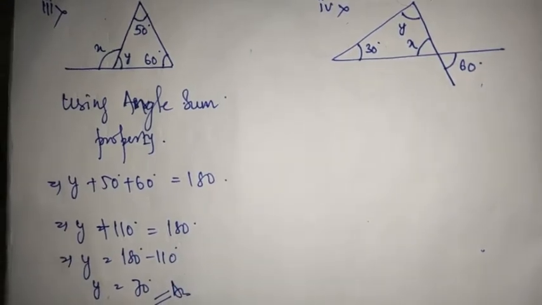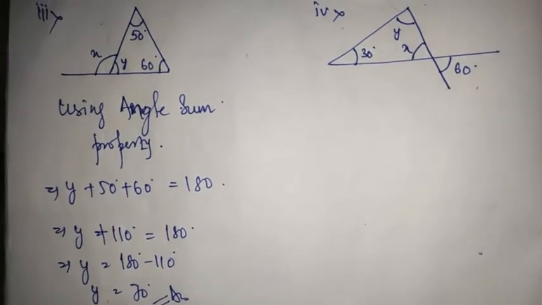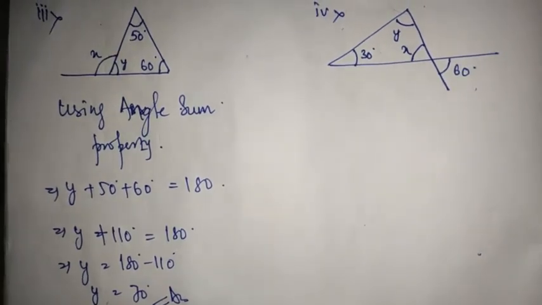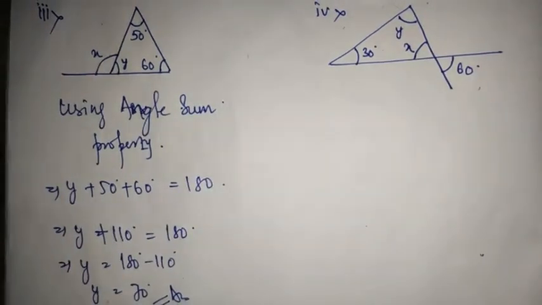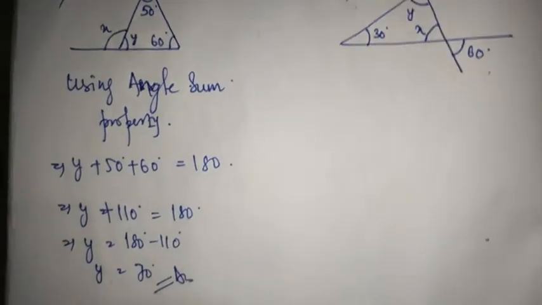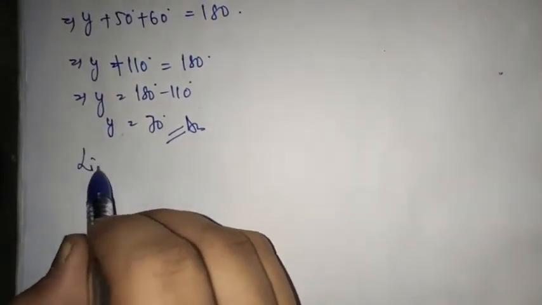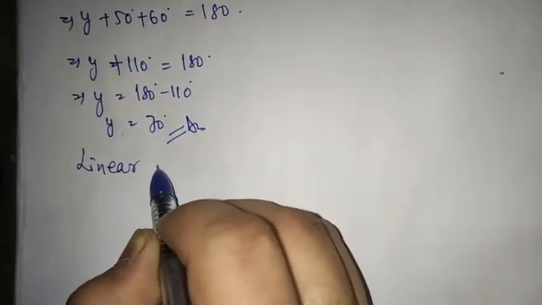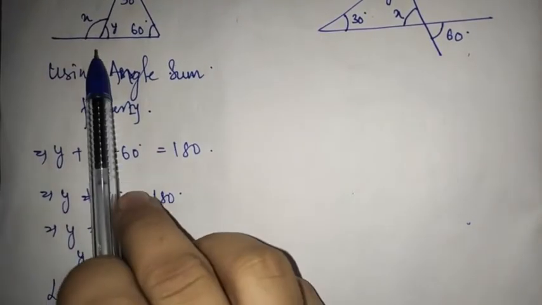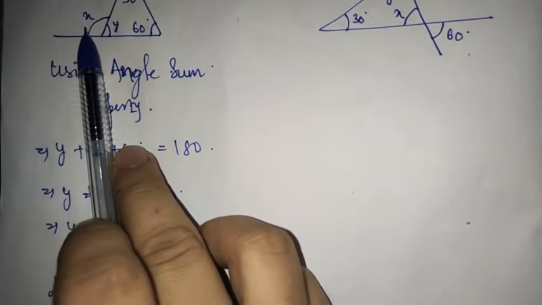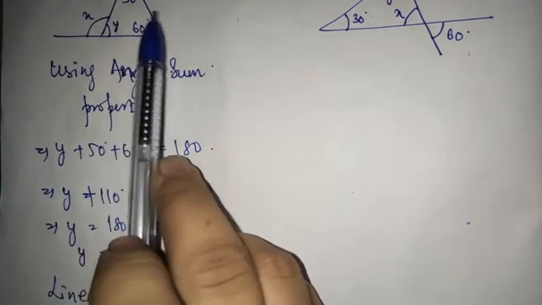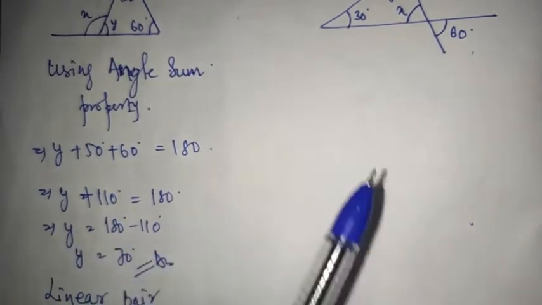Now students, which property are you going to use to find this angle x, the value of x? If you remember the concept of the linear pair, using the concept of the linear pair, what is the concept of the linear pair? That is, x plus y is 180 degrees, right?